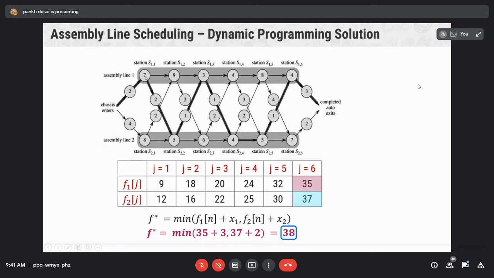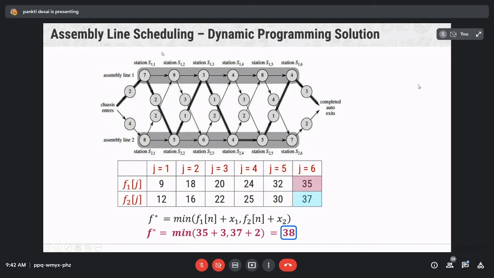So this is the fastest route, which gives us the final product in less time. If you follow only assembly line 1 or only assembly line 2, then the total time required to assemble all the parts is more compared to this path. So this is the fastest route to assemble all the parts of the car.